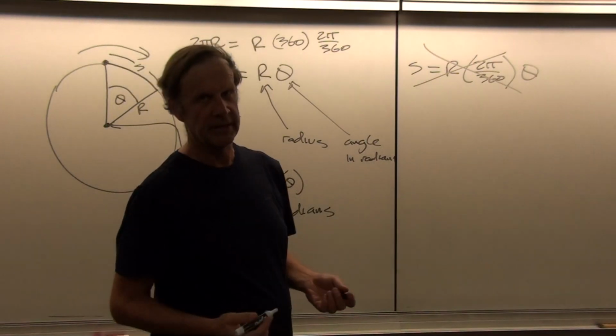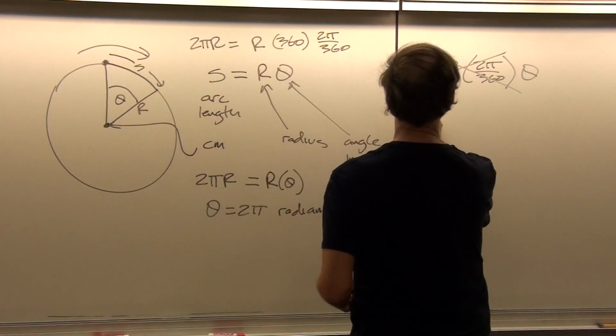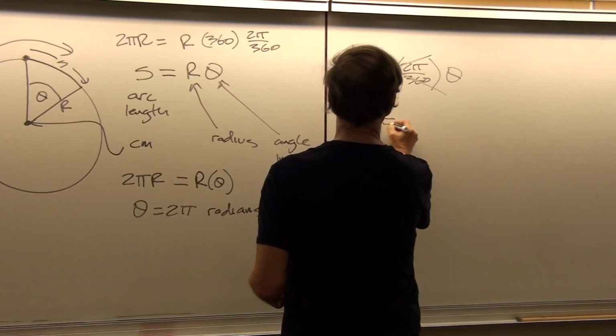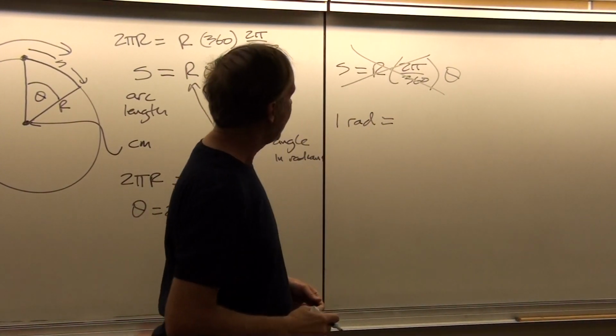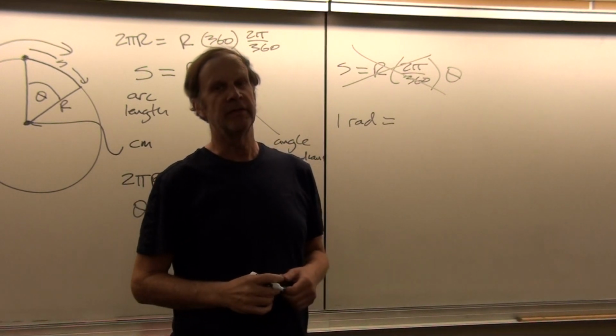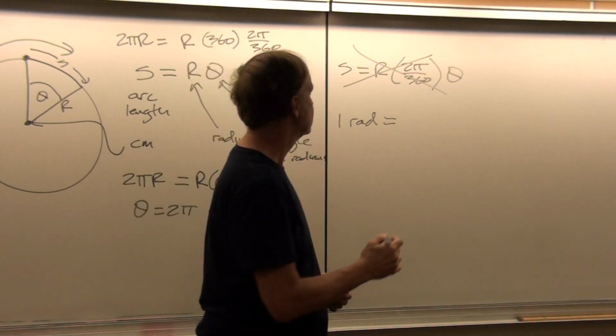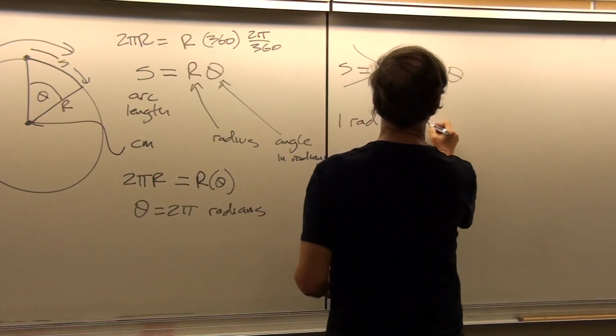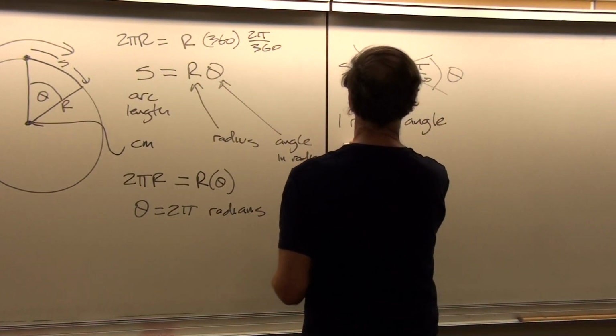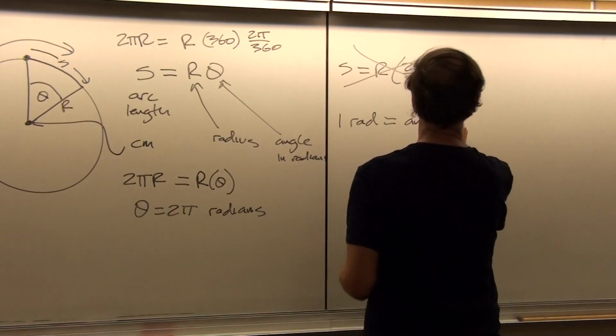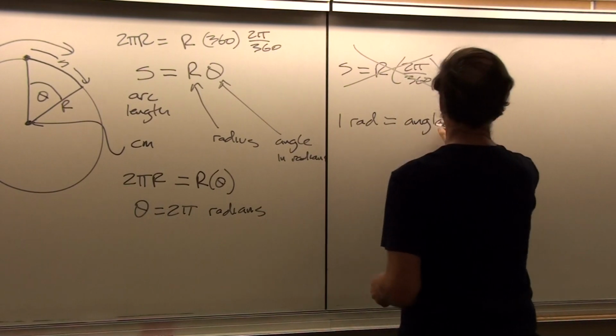So what is 1 radian? Well, 1 radian is just equal to the angle that we sweep out when the arc length equals the radius. Call it angular displacement.